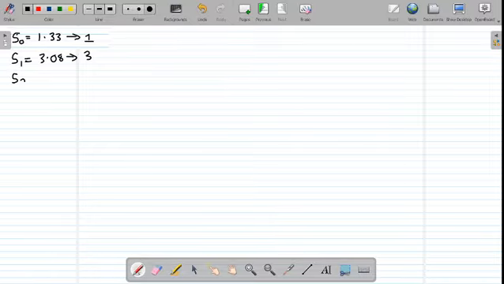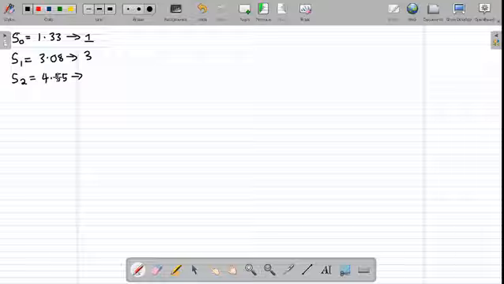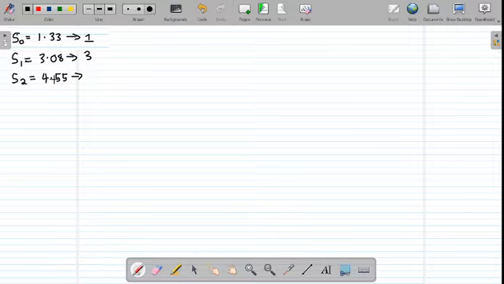Next S2 was 4.55, so since it is equal to 5, you can round off to the next number, which is 5.